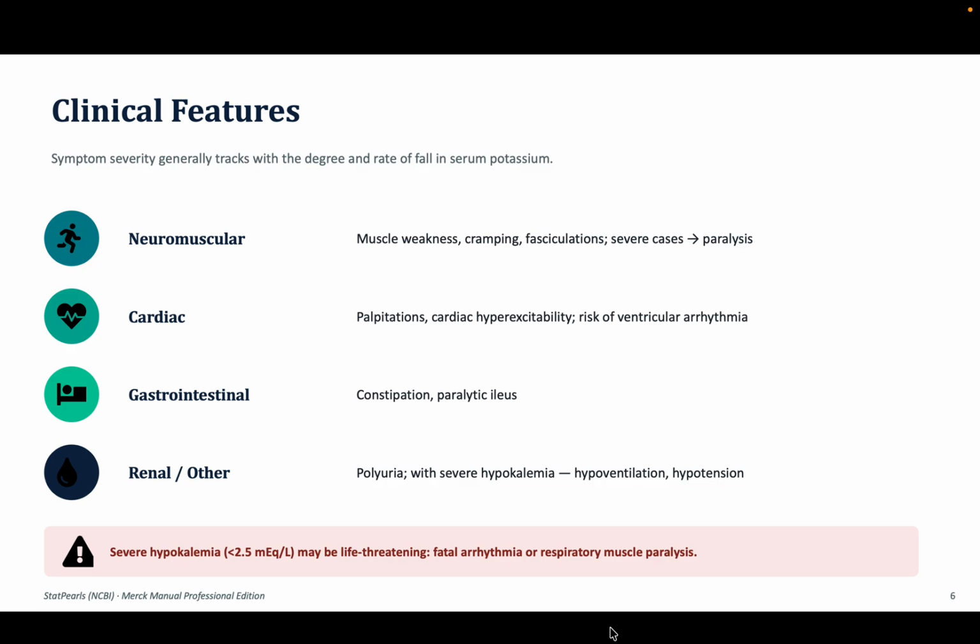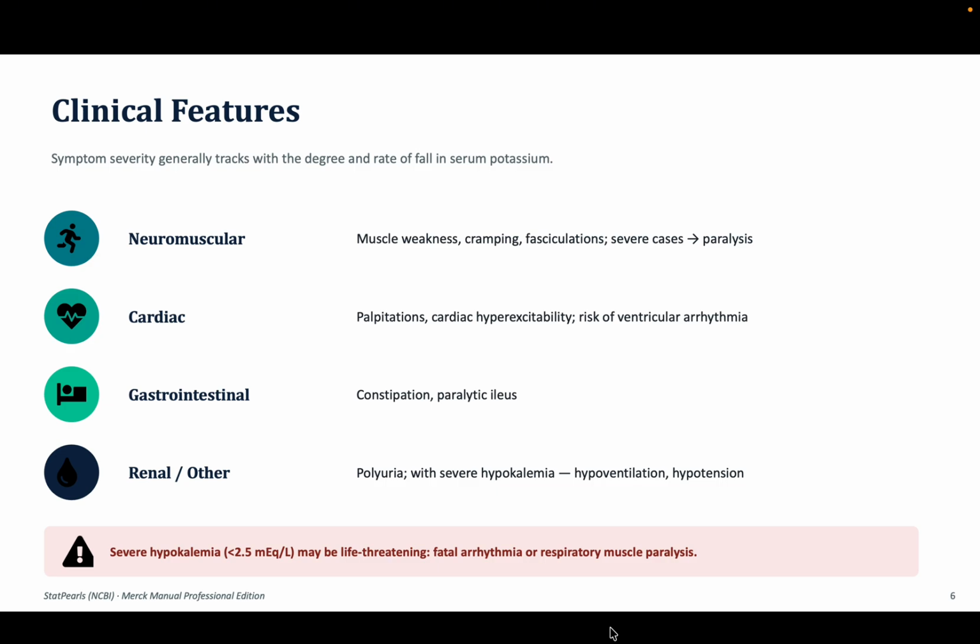Gastrointestinal features include constipation and paralytic ileus. Other symptoms include increased frequency of micturition called polyuria, and with severe hypokalemia there might be decrease in ventilation and decrease in blood pressure.